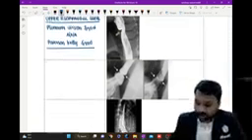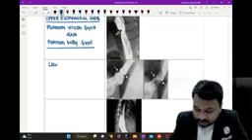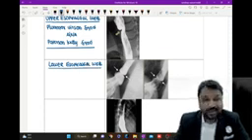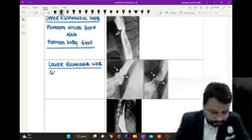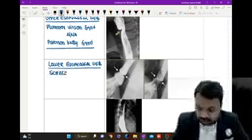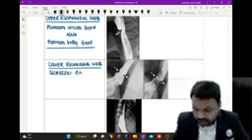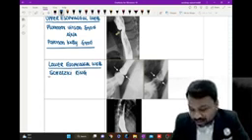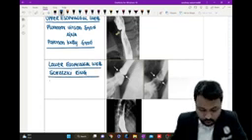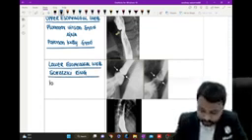Now, when you look across here, this is what we call the lower esophageal web. The lower esophageal web is also commonly referred to as the Schatzki's ring. The Schatzki's ring that you see is your lower esophageal web.